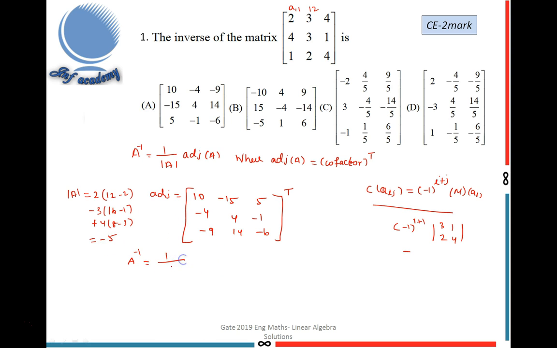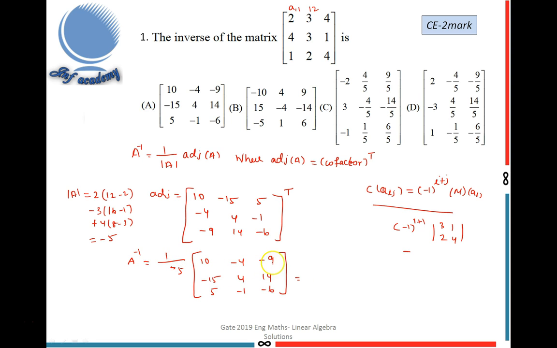So, A inverse equals 1 by minus 5 into the transpose of this matrix. To write: 10, minus 4, minus 9, minus 15, 4, 14, 5, minus 1, minus 6. This is the A inverse matrix.